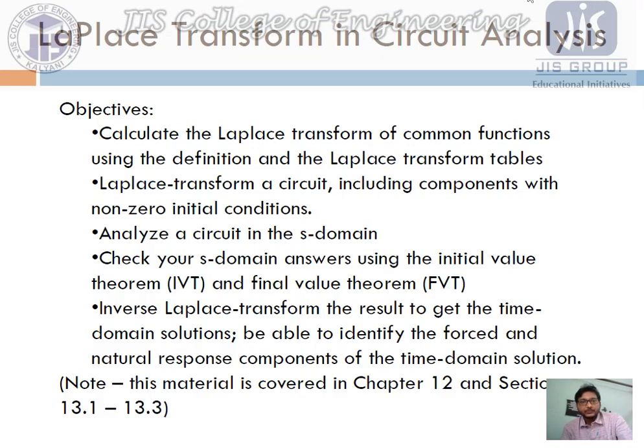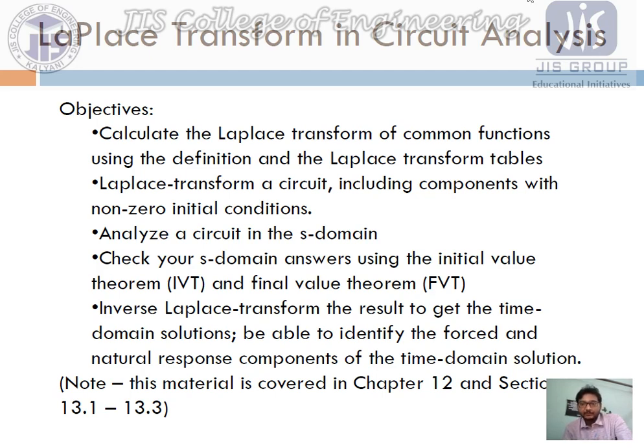The objective of this Laplace transformation for electrical circuits is to find the Laplace transformation of some common functions, or of circuits including components with non-zero initial conditions. Suppose a normal circuit is given with no initial condition, meaning the inductors and capacitors are not previously charged, then there is no problem at all, we can easily solve the circuit.